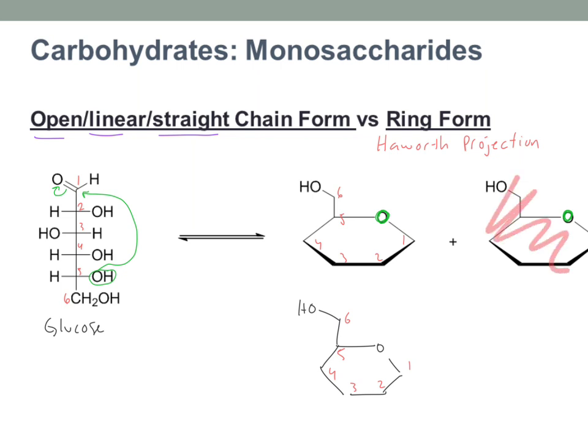Now, what I'm missing from these is my OHs. I didn't put the OHs on all of these. At carbons 1, 2, 3, and 4, I need to put these OHs on. If you look over here, carbon 2 has an OH, carbon 3 has an OH, carbon 4 has an OH. The way you do that is you just take the original straight chain form, how it's drawn like this, and have it fall down and flop over to its right.